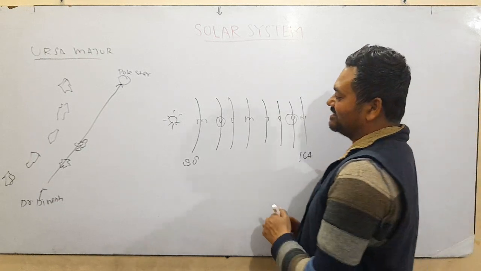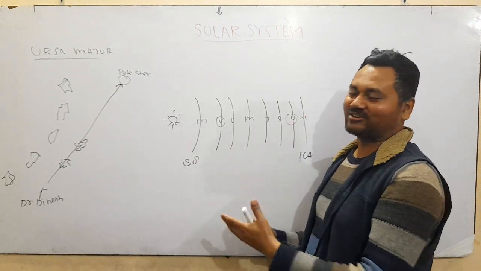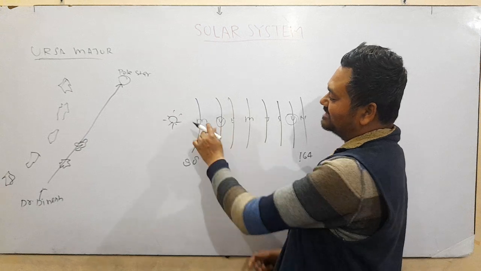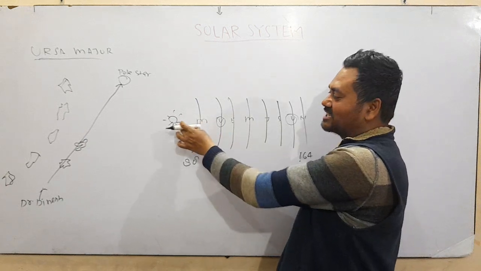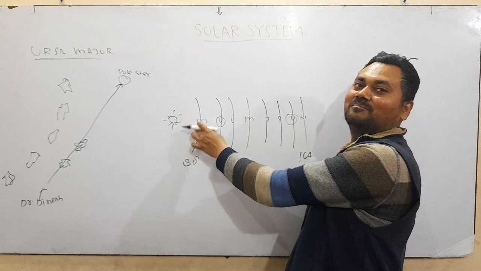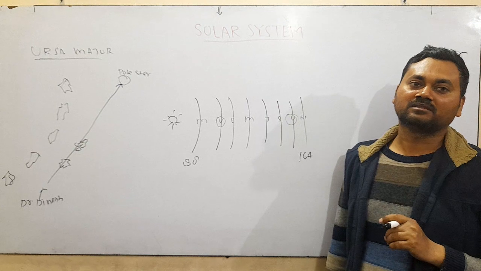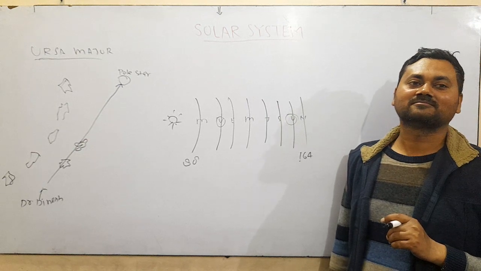So why Venus? Having this logic in the backdrop, this planet, since it is closest to the Sun, should be experiencing the maximum temperature, but that is not right.